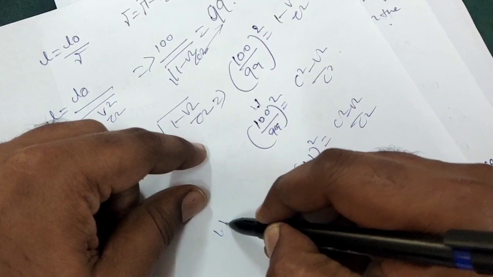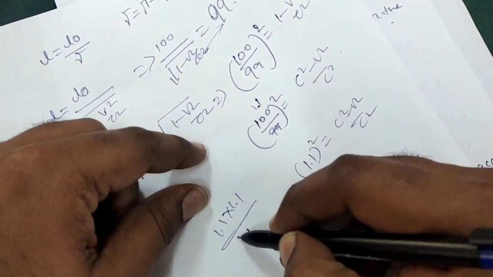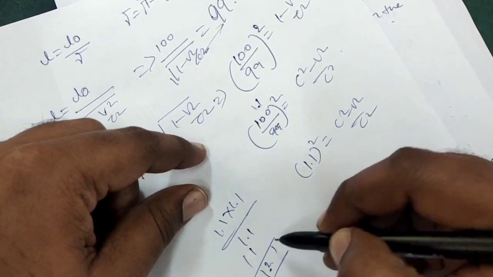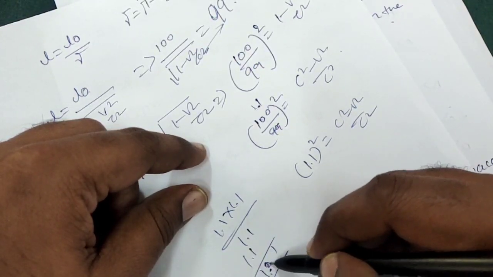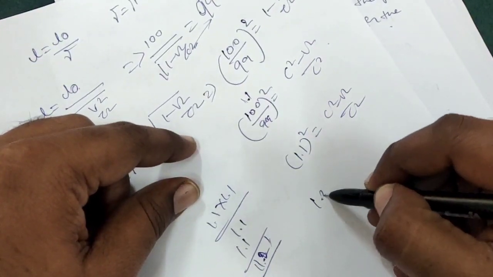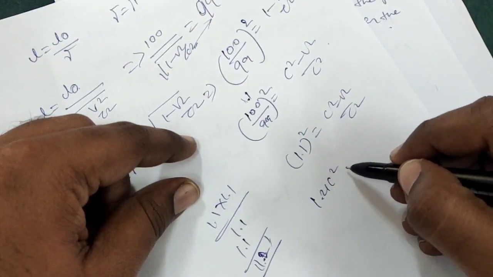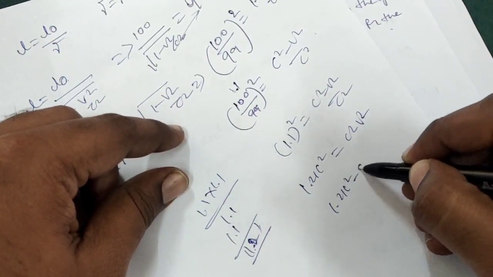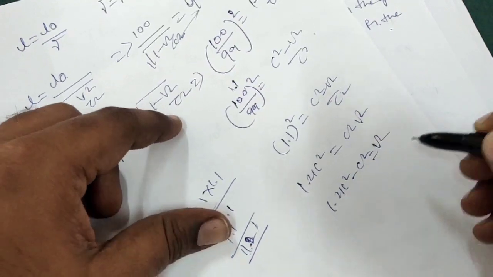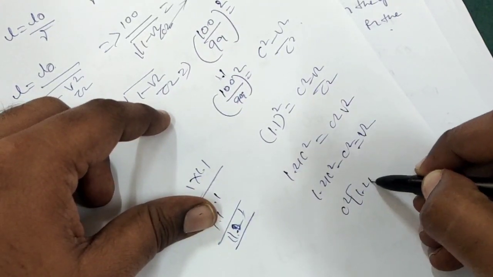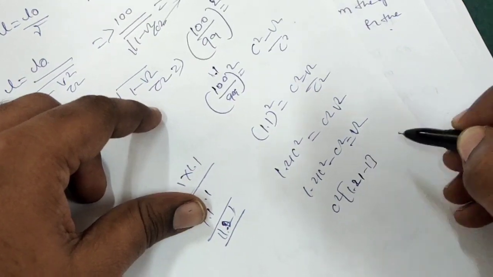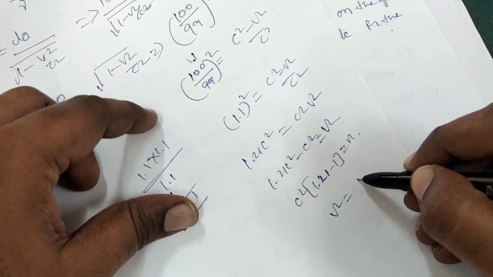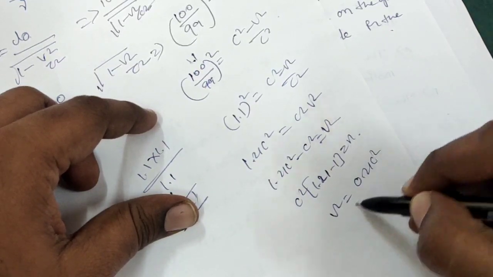So 1.1 into 1.1 is 1.21, so 1.21 c square is equal to c square minus v square. So 1.21 c square minus c square is equal to v square, and if you take c square, 1.21 minus 1 is equal to v square, and v square is equal to 0.21 into c square.